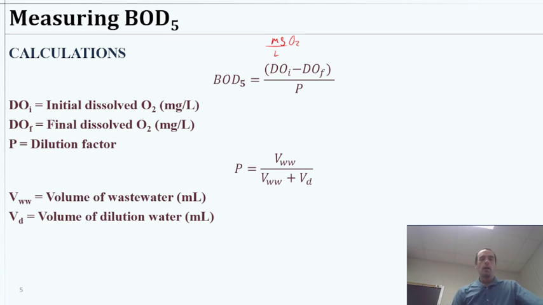Okay, so anyway, this dilution factor P here, that's going to be, in the case of wastewater, the volume of wastewater divided by the total volume in the bottle. So V_WW, for V for the wastewater, divided by V for the wastewater plus the volume of the dilution. So if we consider we have some BOD bottle, some portion of that we fill with wastewater.